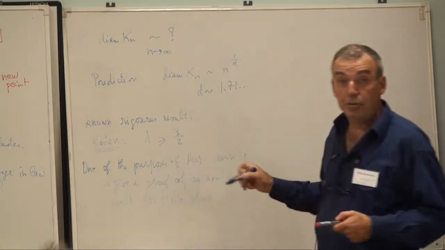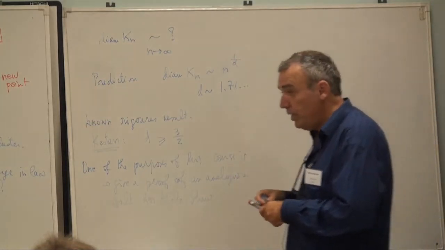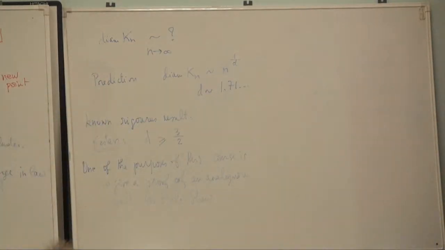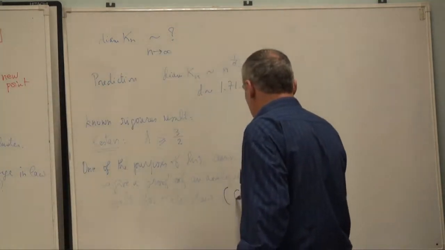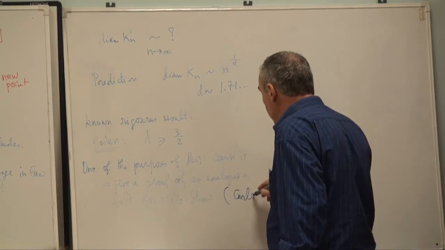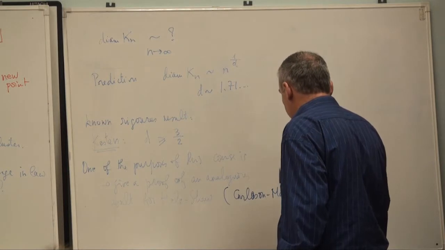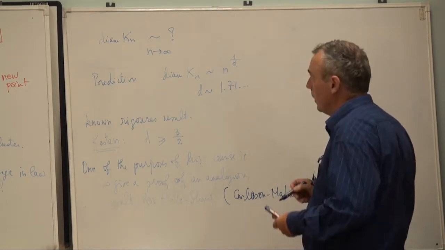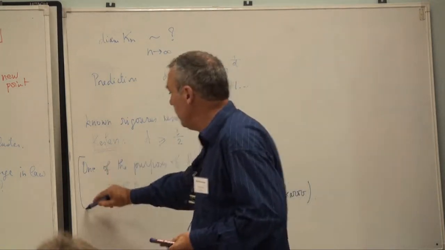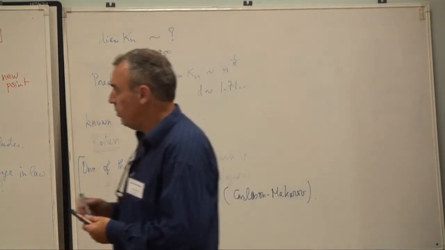And this is actually not due to me, but due to Carleson and Makarov. So I will speak about that and extend it to another situation that I will now explain. Okay, so that will be one of the goals.